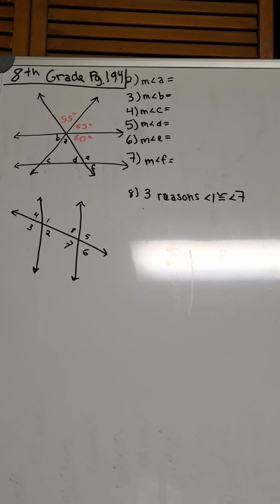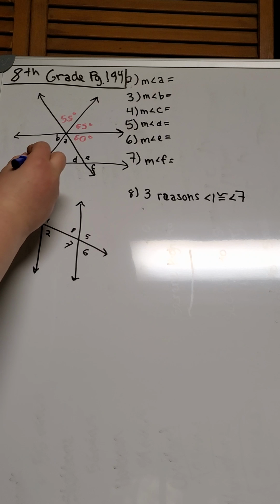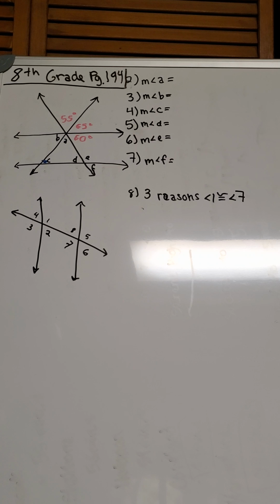One of those possible relationships is corresponding angles. What that means is when a transversal cuts two parallel lines, these angles are in the same location as one another. Let's say, for example, I take angle C down here and put a blue dot there. Angle C is located where these two lines intersect, on the top right.